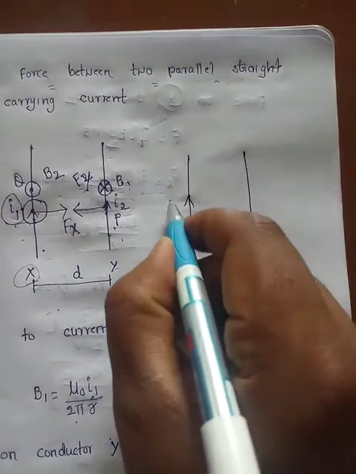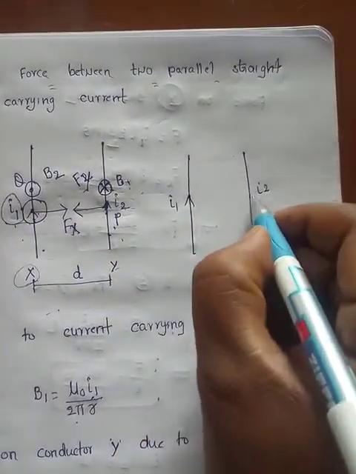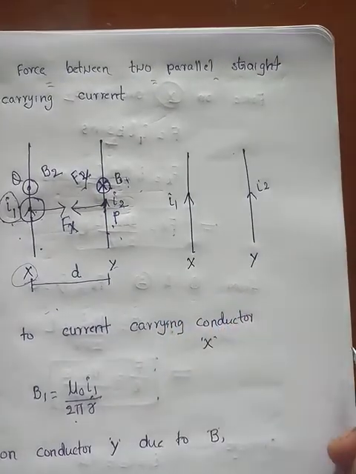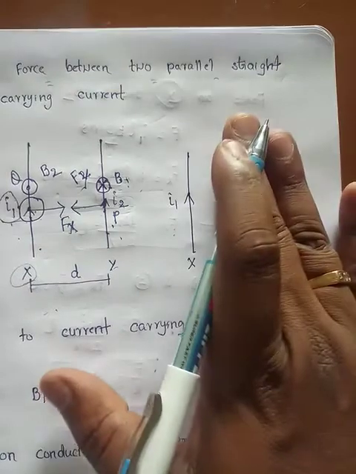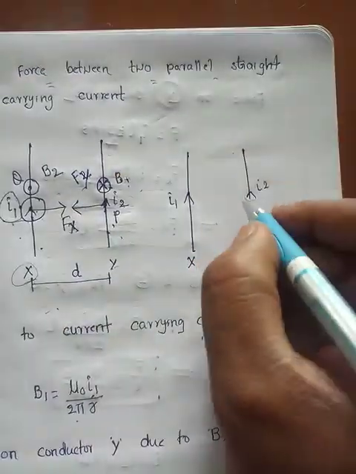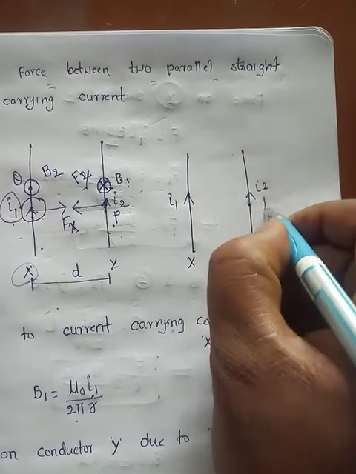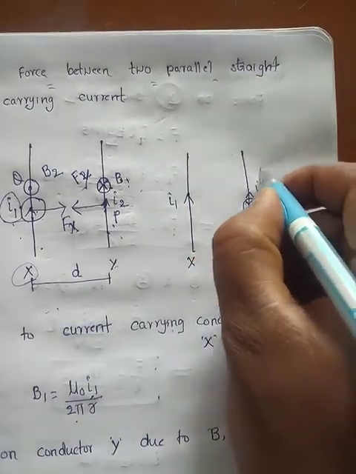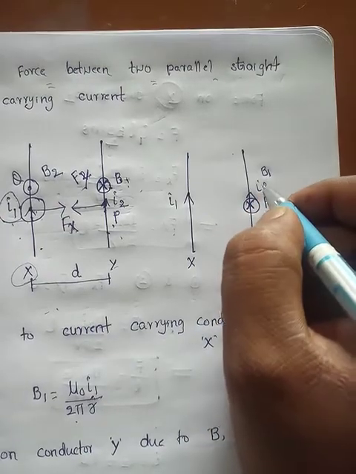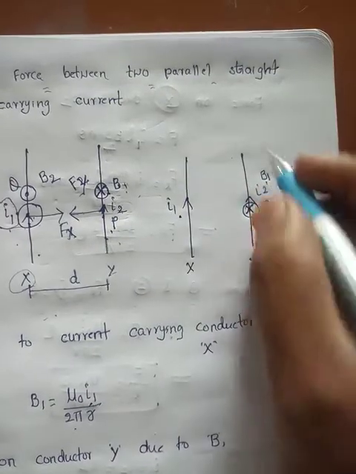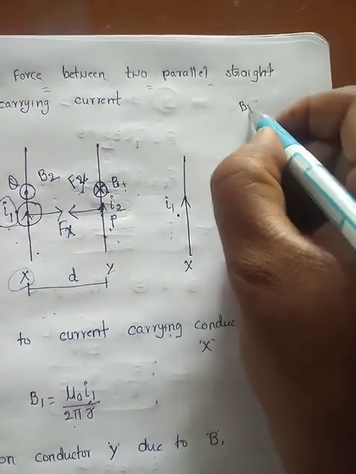We consider two conductors X and Y carrying currents I1 and I2. We already derived the magnetic field due to a straight conductor carrying current. At a point P, this conductor produces a magnetic field B1.